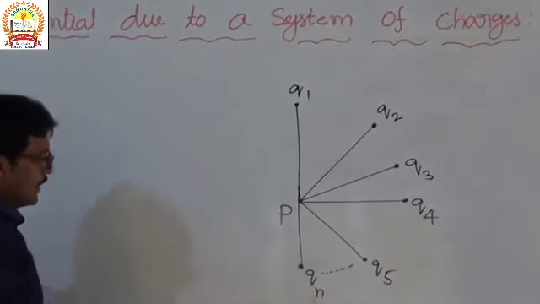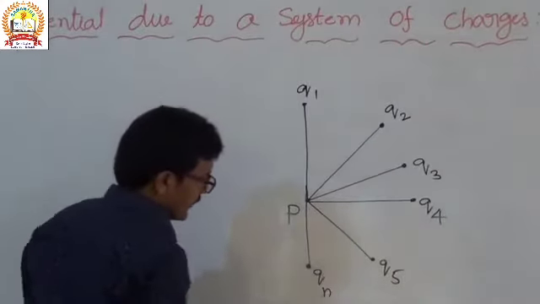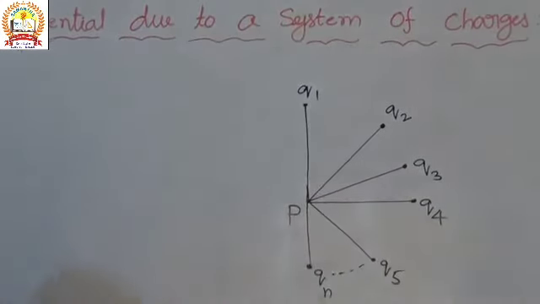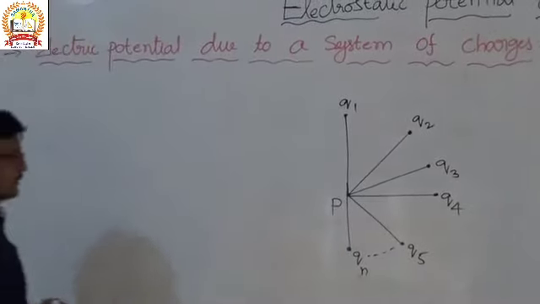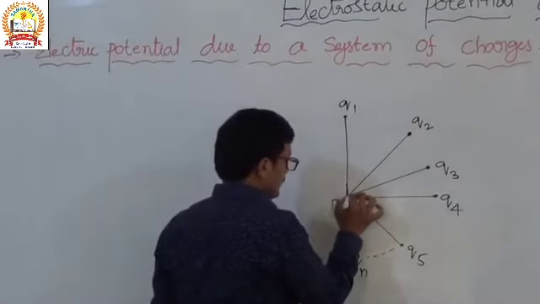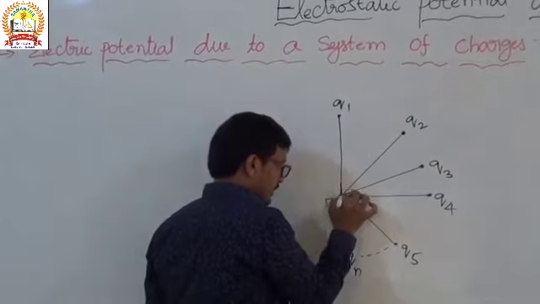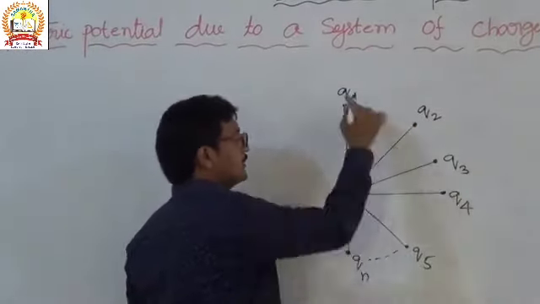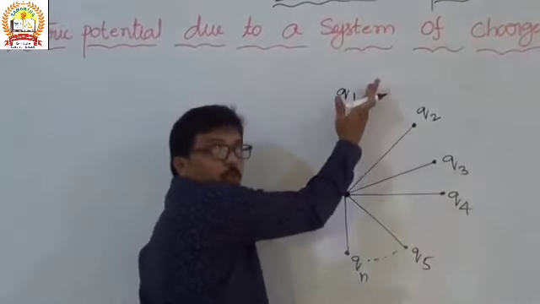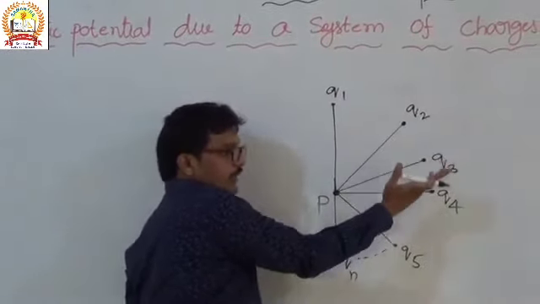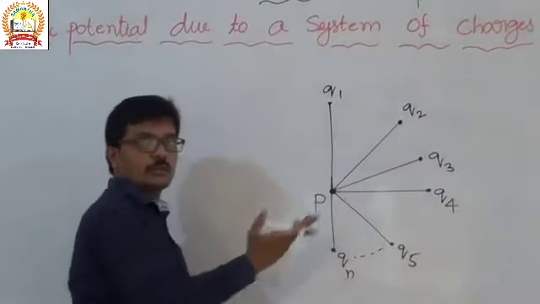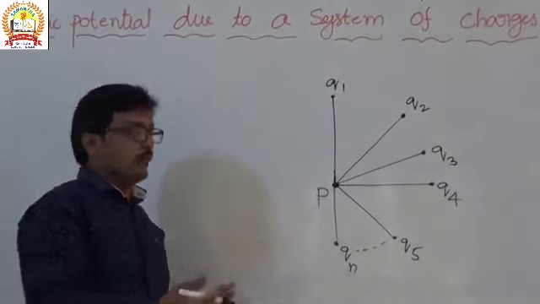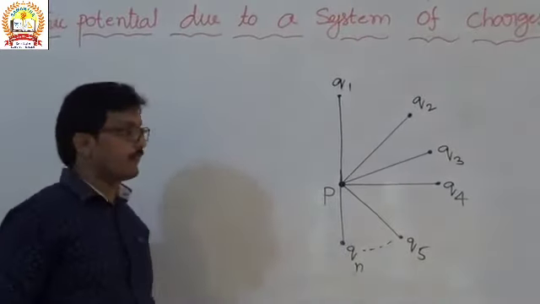So due to the number of charges, what will be the potential? That we want to find. Here we want to find the electric potential at point P due to the system of charges Q1, Q2, Q3, Q4, Q5 and so on up to Qn.